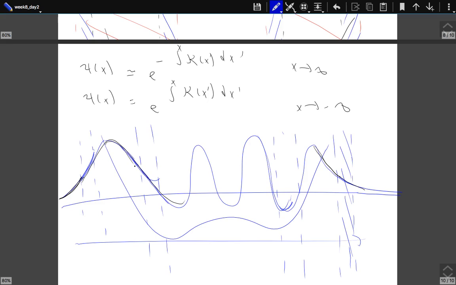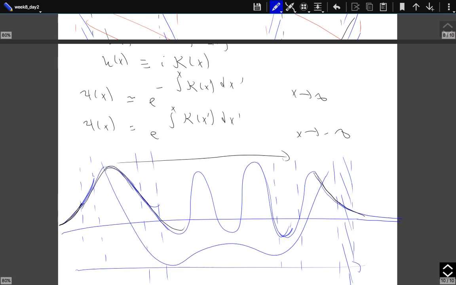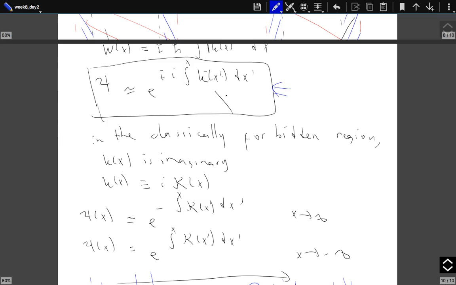The system should repeat itself in a sense, which just means the wave function should be the same. But as you are moving in this direction, the wave function acquires a phase, given by this integral. As you are moving the other way around, it still continues acquiring the same phase. So when it comes back, the phase should be 1 or minus 1.